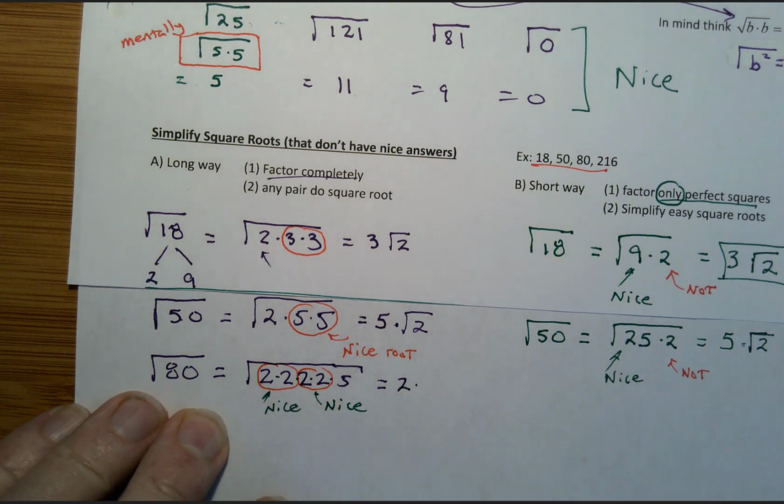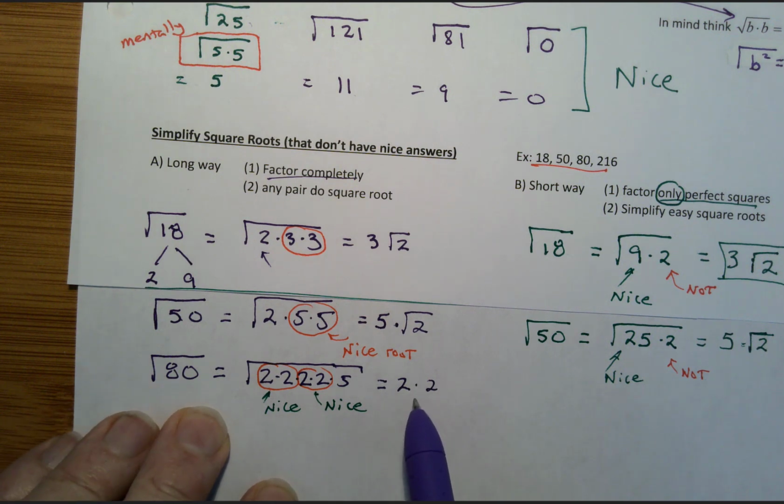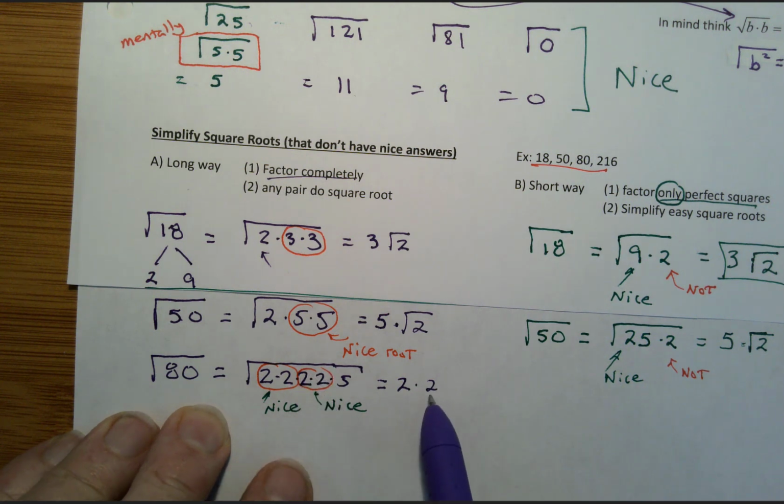It's just a nice whole number 2 for the square root of this pair. The square root of this pair is also 2 again. So there's 2 of these nice answers. These are 2 whole numbers. There's no square roots on them. The square root of these 2 makes 1 factor of 2. The square root of this pair makes 1 whole number factor of 2.